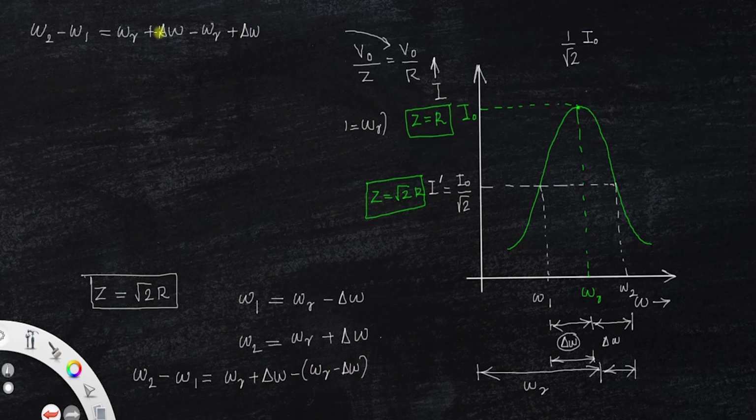Minus and minus will become plus. You can cancel omega R. So omega 2 minus omega 1 is equal to 2 times delta omega. And we call this difference the bandwidth.